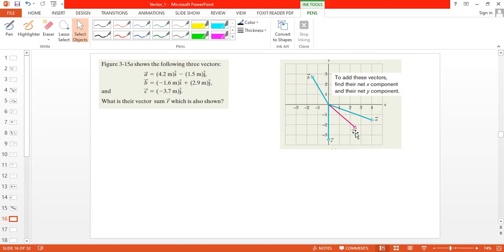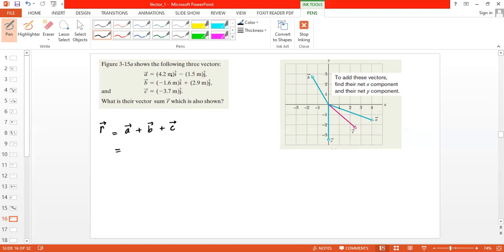What should be the value of R, their vector sum? So vector R is equal to A vector plus B vector plus C vector. This is plotted here, and they're asking me to write the value of R in unit vector notation.